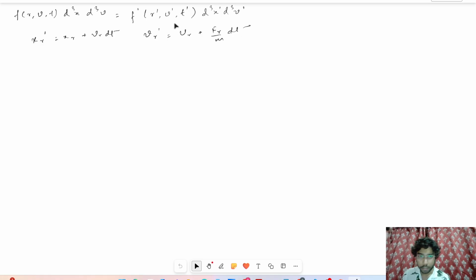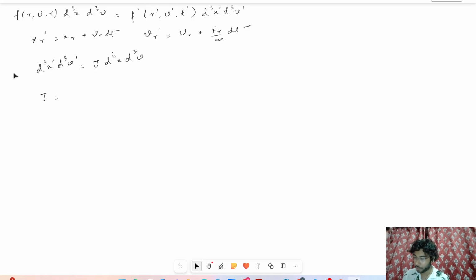And so you see that we can always write the x prime and the v prime coordinates in terms of the x and v coordinates with some Jacobian. So this is just a transformation of coordinates, right? So for example, when you rotate a coordinate, you have the rotation matrix attached to it. And similarly, this is just a Jacobian which has the form like this.